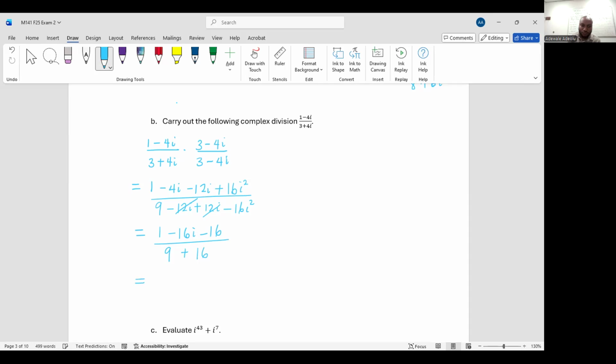So for the numerator, I will have minus 15 minus 16i divided by 25. I can write it as minus 15 over 25 minus 16i over 25. I can reduce this part, so that is minus 3 over 5 minus 16i over 25.